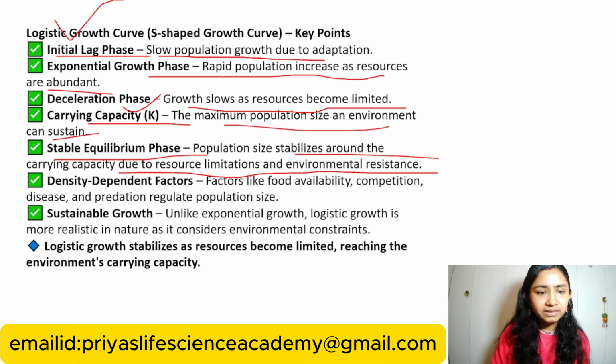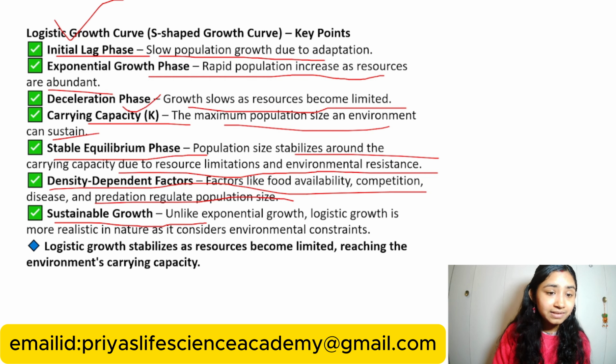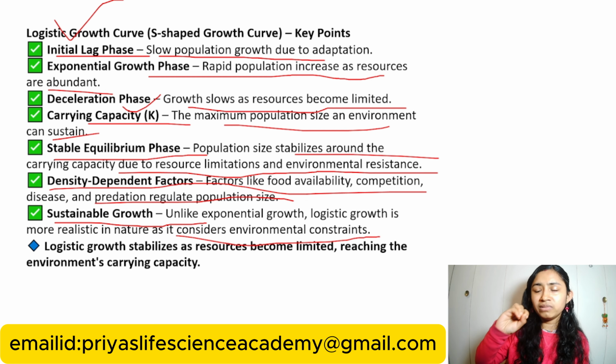Density dependent factors: factors like food availability, competition, disease and predation regulate population size. Sustainable growth: unlike exponential growth, logistic growth is more realistic in nature as it considers environmental constraints. In exponential growth there is no environmental constraint, resources are unlimited, but here resources are limited, and that's a true condition of any kind of environment.